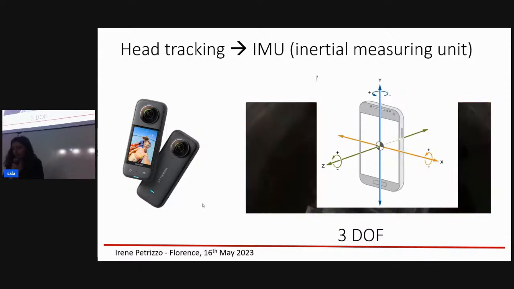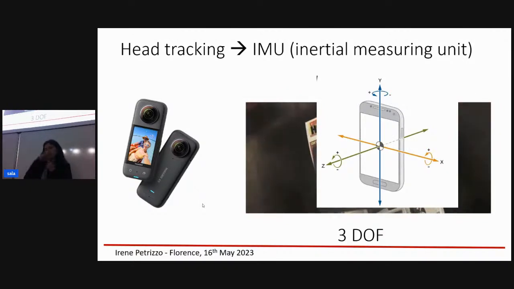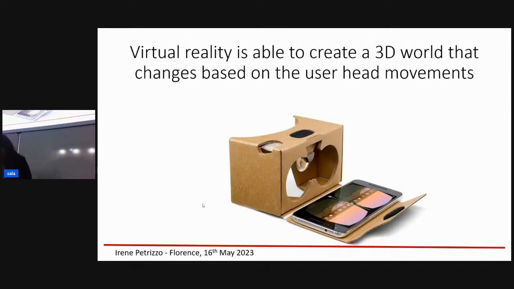But even if you move your head and the environment changes, if you try, let's say, to take a step, the illusion breaks because the IMU is not capable of tracking the movement of your whole body in space. But this is enough to have a very primitive, well, primitive is not the right word, but a very simple version of virtual reality.